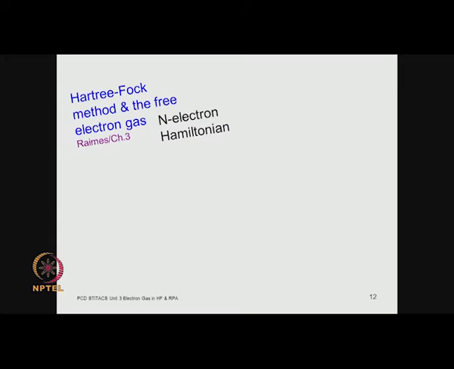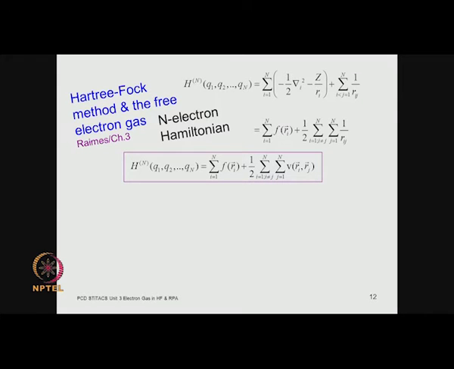We will have other applications. Most of this discussion again is from the book by Rames called Many-electron theory, from chapter 3 of this. So, you now have the atomic Hamiltonian, but instead of the nuclear potential which was in the atomic case, we will now work with free electrons.